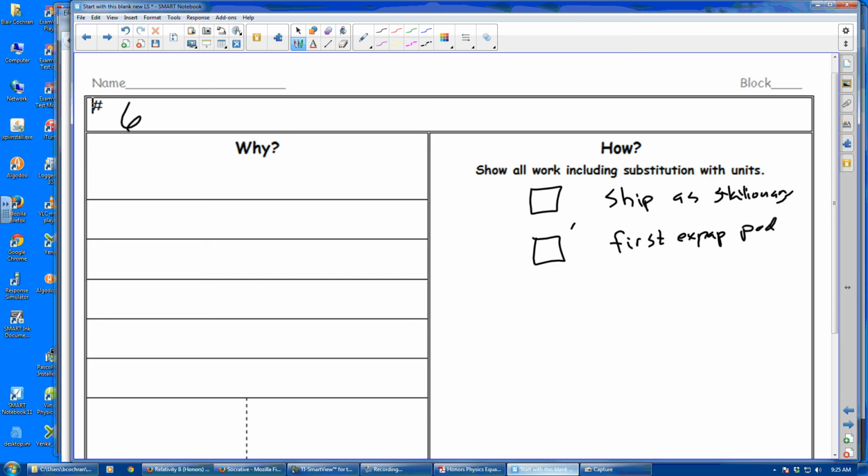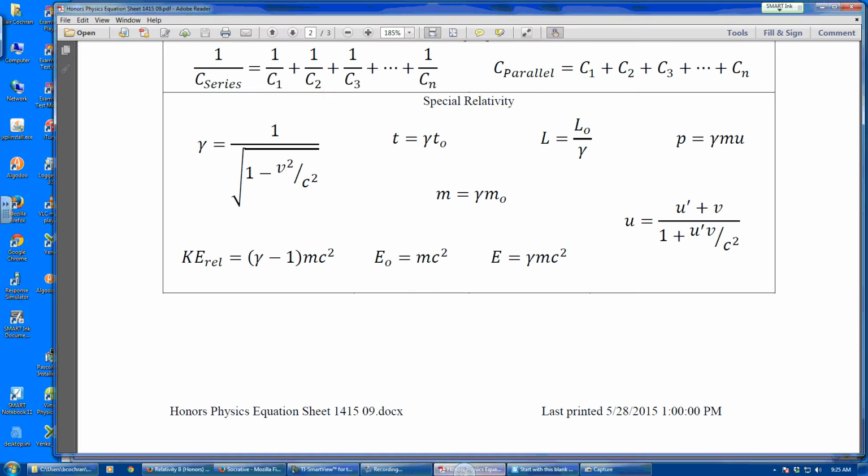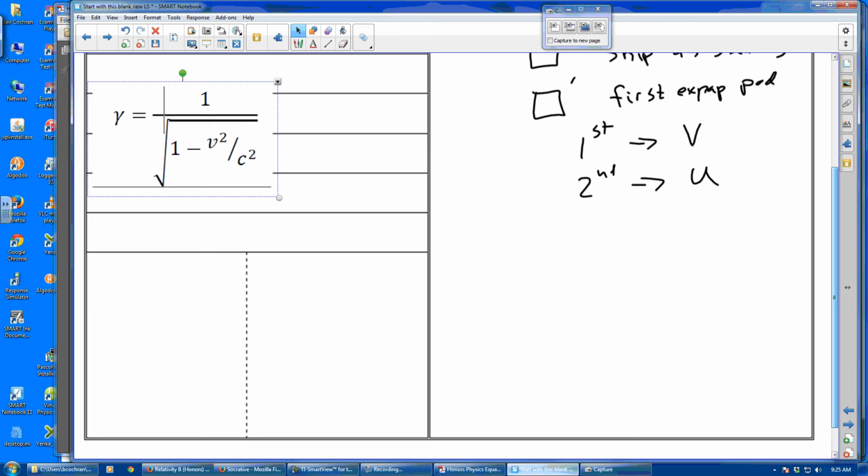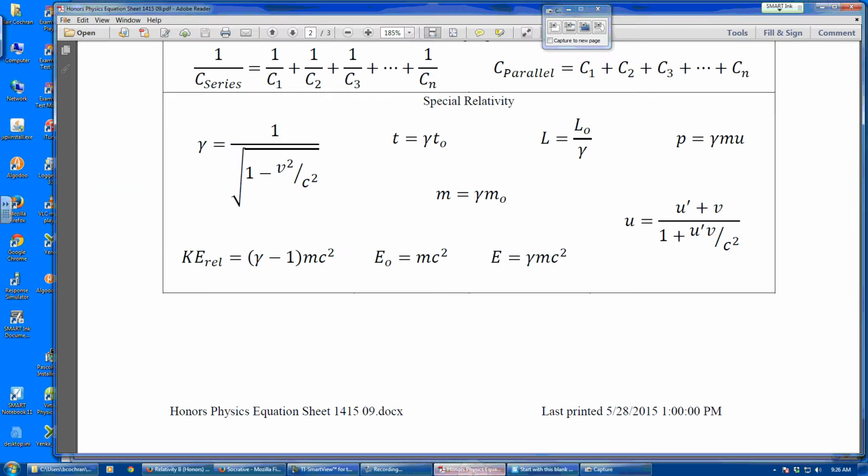So the first escape pod will also be our variable V, and the second will be our variable U. All right, and now what we really need is our equation. Oh, that's not what we needed. Got the wrong one. We need this one.